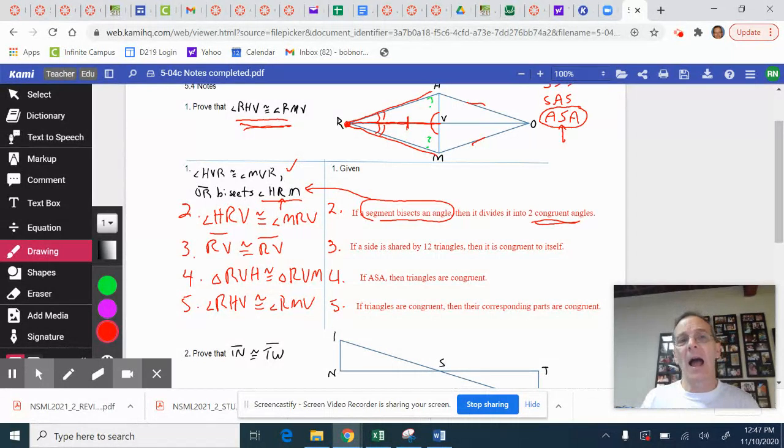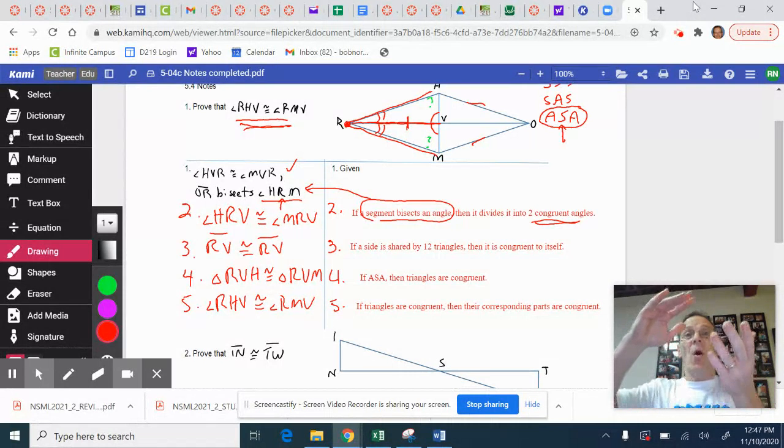Now, that having been said, I know that for some students, longer proofs do get more difficult. I think at least one of the reasons, if not maybe the biggest reason, that a longer proof gets more difficult for them is because when they look at the given information, sometimes I find that I can tell students are trying to see all of the reasons and statements all at once.